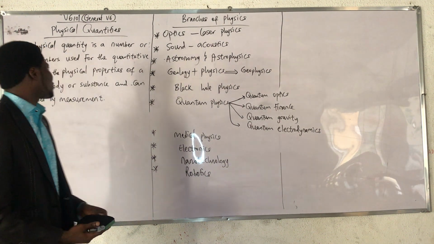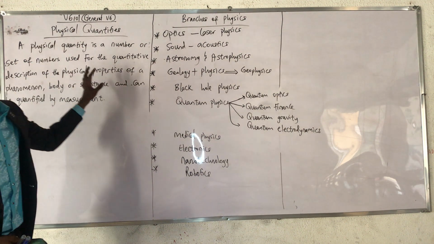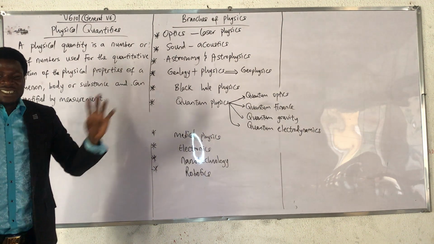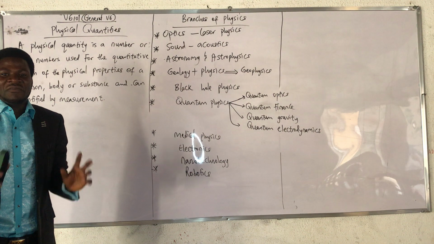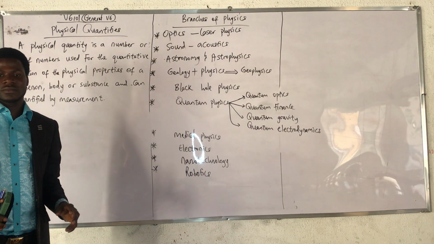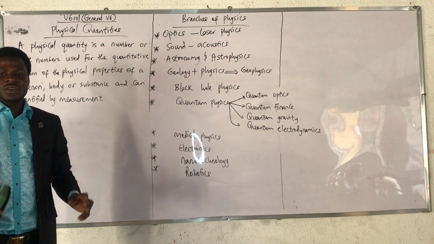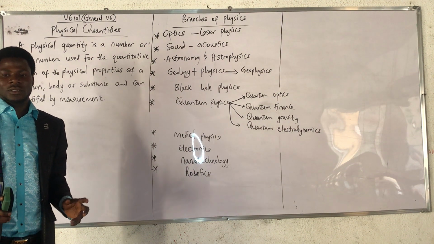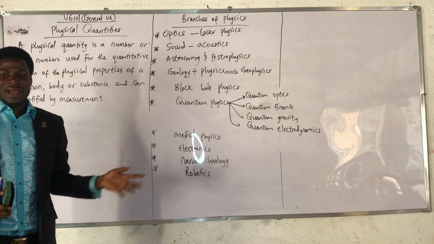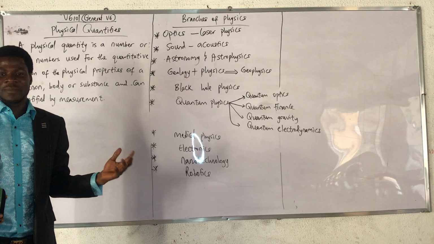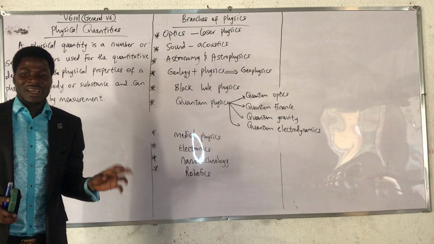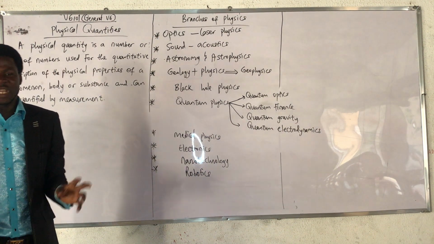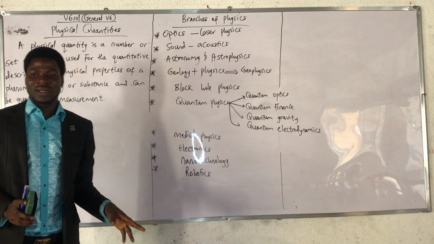Okay? So the physical quantities help us to describe the physical state of matter. Even though it has gone beyond that now. In our own level then, they told us physics is a branch of science that deals with the study of what? The physical aspect of matter, while chemistry deals with the chemical aspect of matter.